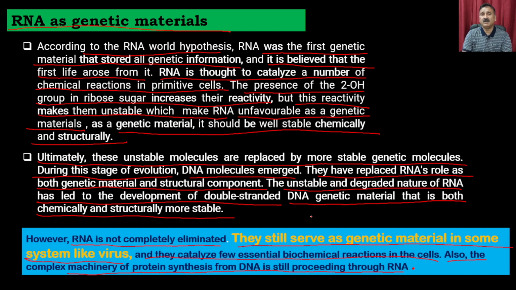The protein is still synthesized from the RNA itself. So even if the DNA stores the information, it is RNA that dictates the production of the protein, and that's how RNA is responsible for the particular type of phenotype.